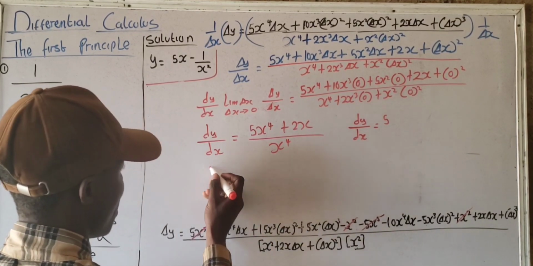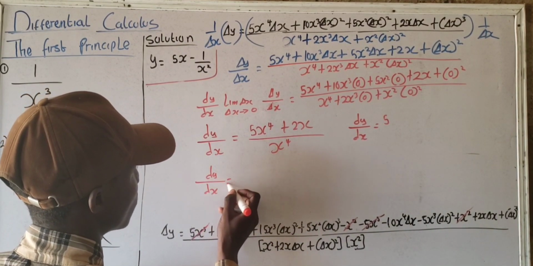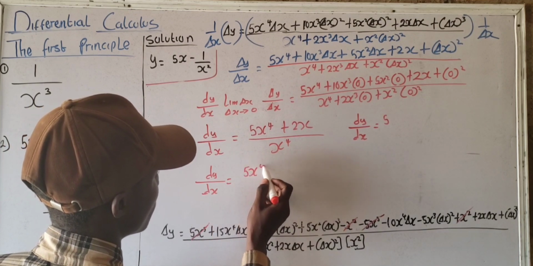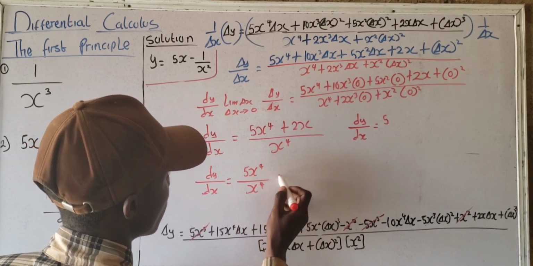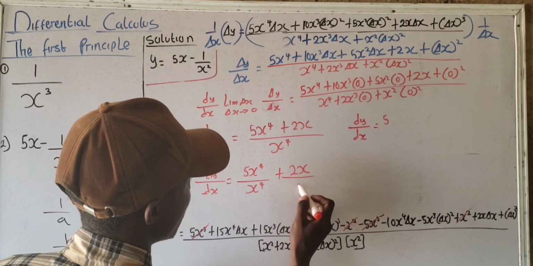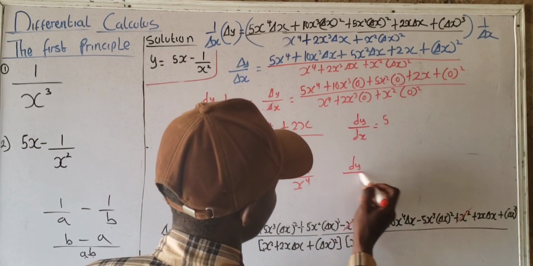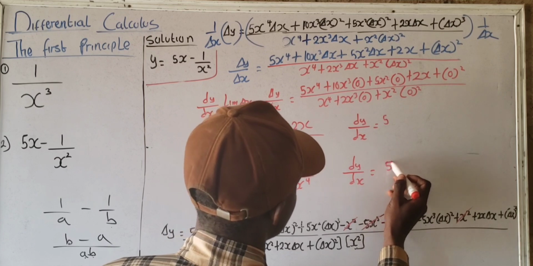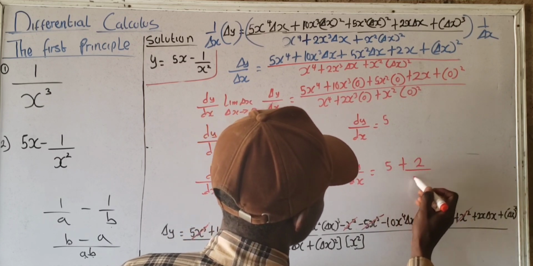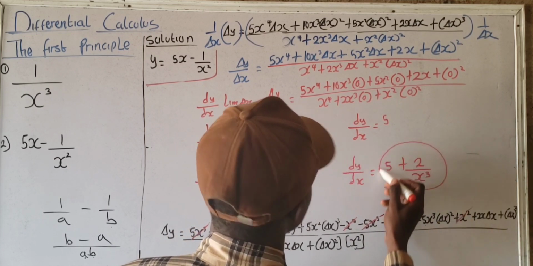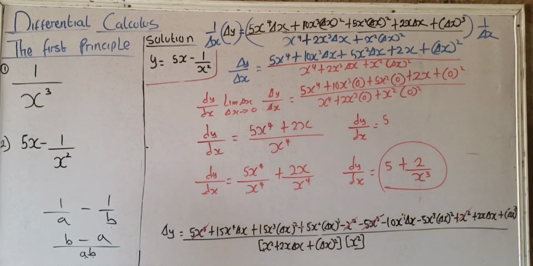So I'm going to have dy all over dx is equals to 5x raised to the power of 4 all over x raised to the power of 4 plus 2x all over x raised to the power of 4. You understand? So dy all over dx is equals to 5 plus 2 all over x raised to the power of 3. That is the solution to that question.